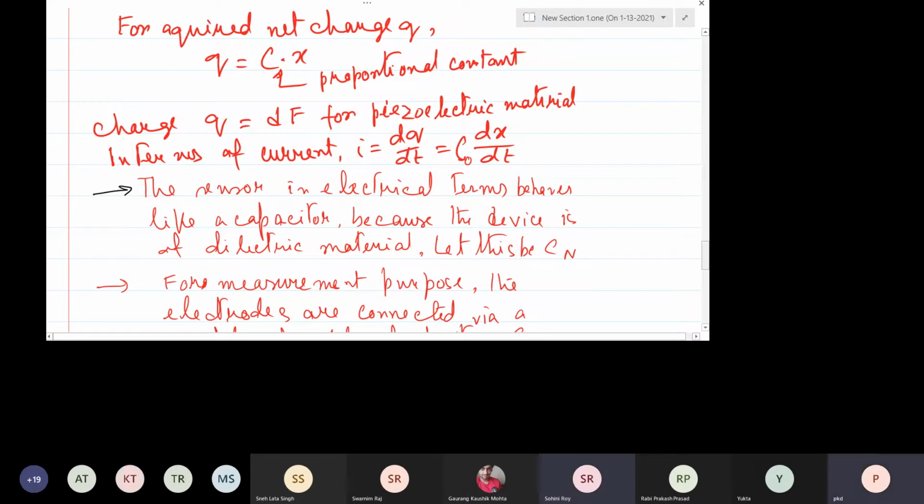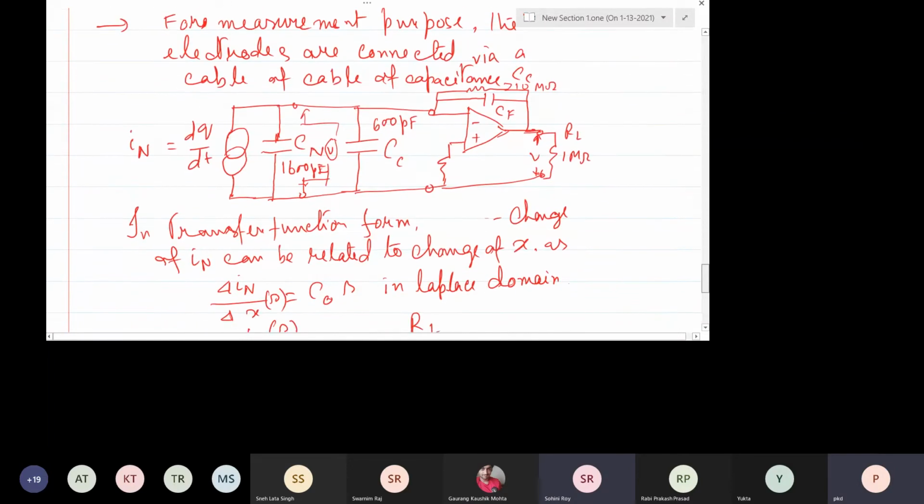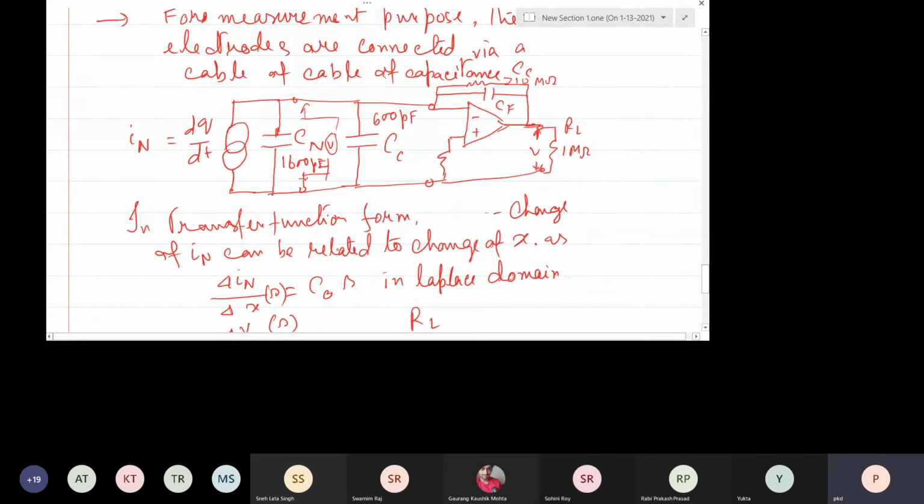Sir, is that the symbol of a charge source? This is the symbol of a current source. Current source is essentially a charge source because current is nothing but the rate of supply of charge.